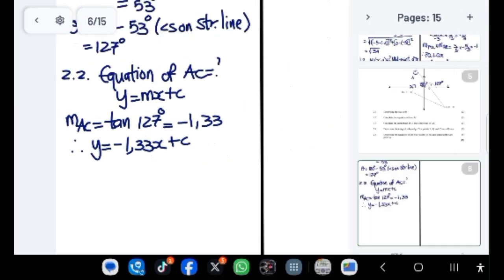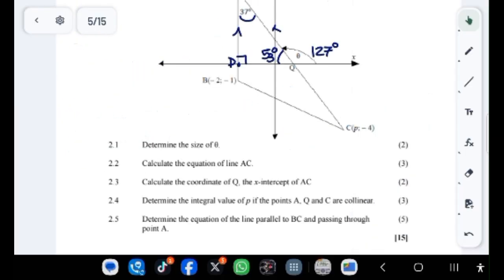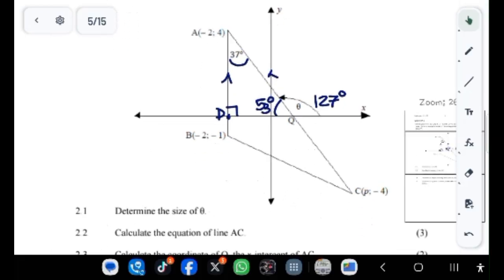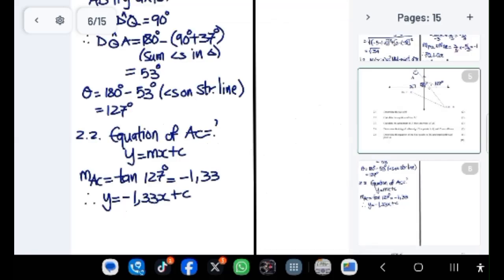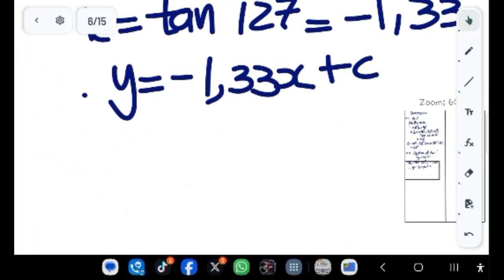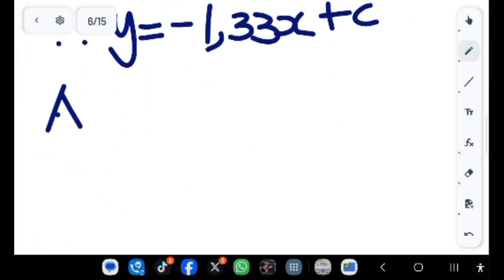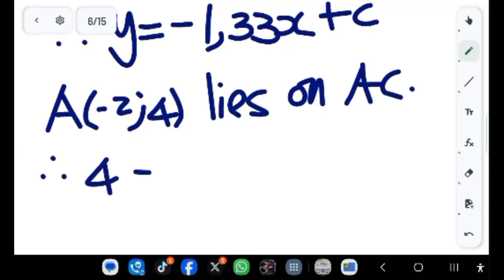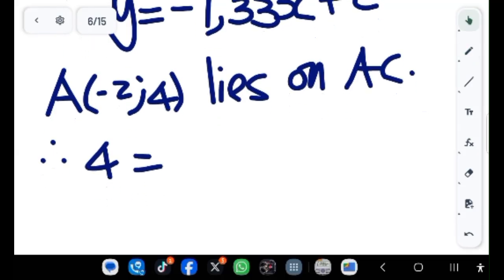Point A lies on the line there with the coordinates negative 2, 4. So let's substitute that so we can find the rest of the equation. A with the coordinates negative 2, 4 lies on AC. Therefore, where there is y, we put 4, the y coordinate.